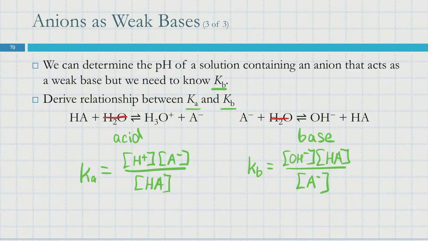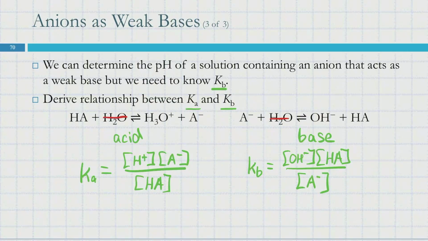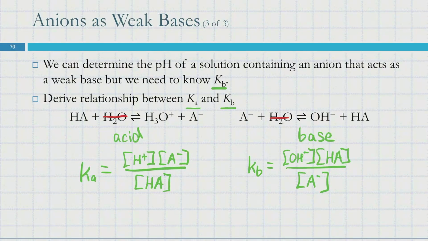And you may notice that we have in our Kb, HA over A minus, and in our Ka, A minus over HA. So if we multiply these two terms together, that would look like this.